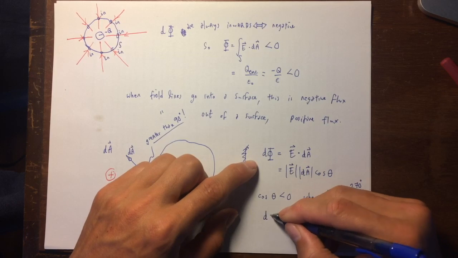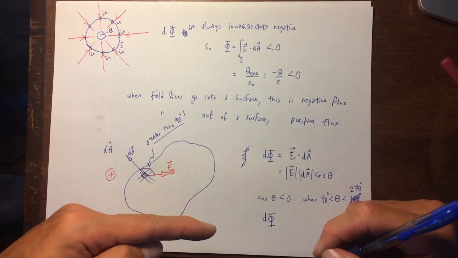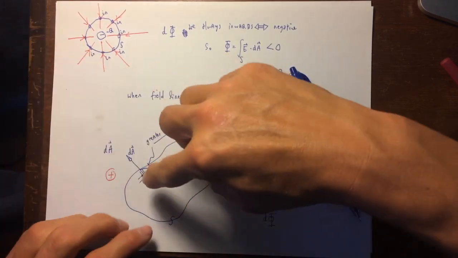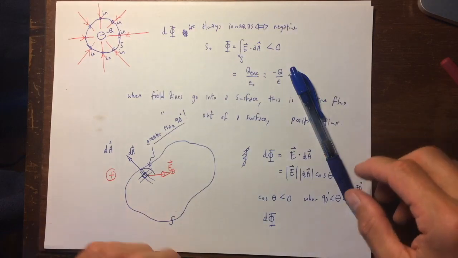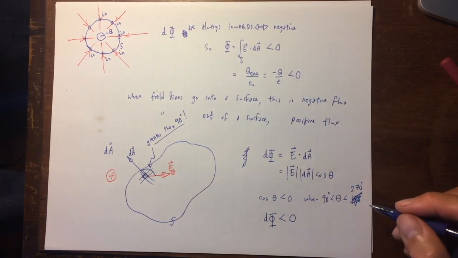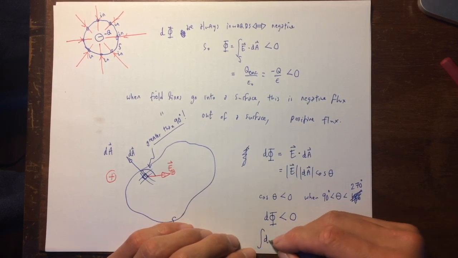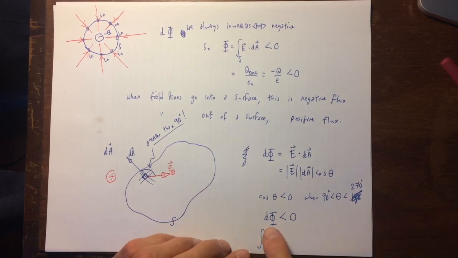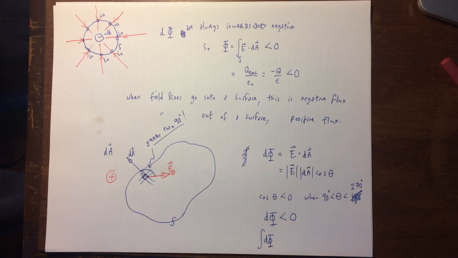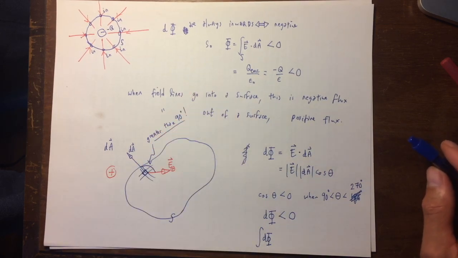So the small contribution to the flux of an electric field that goes into the surface, which is backwards to the area element that points outwards from the surface, will be less than 0. As you integrate up the small contributions to the flux, you can get negative contributions and you can have positive contributions. You can also have 0 contributions when the angle theta is 90 degrees. So those are perpendicular situations.